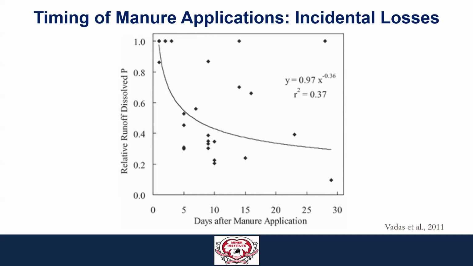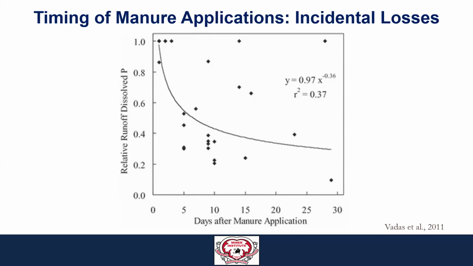What we see is, if we get that runoff event, if we get that precipitation on day 0, day 1, we run the risk of losing 80 to 100% of what we lose. But as soon as we get approximately a week out, we're well below 50%. And so this is one of the things our farms do.